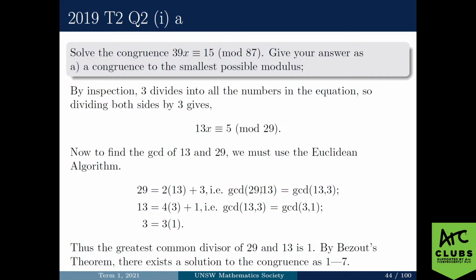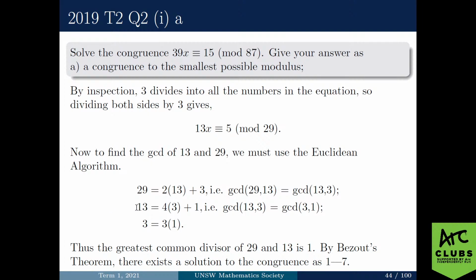And if you have a equals b q plus r and everything is an integer, we can write that the GCD of a and b is the GCD of b and r. So in this case, a and b are 29 and 13, and b and r are 13 and 3.